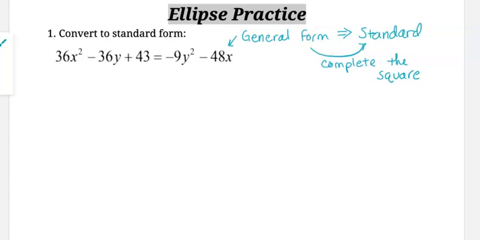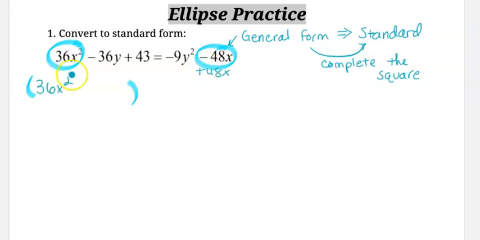Now, as I've mentioned before, we want to identify our same variable terms. So like we've got 36x squared and positive, we're going to end up with positive 48x. We want to get them in the same set of parentheses. So 36x squared plus 48x.